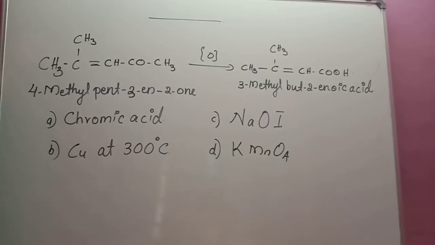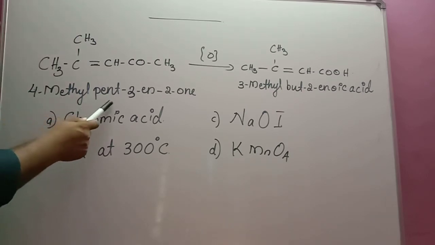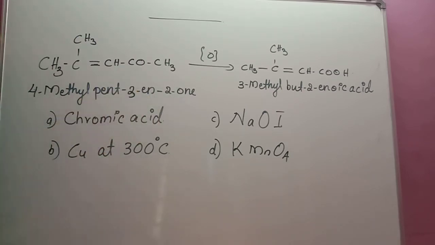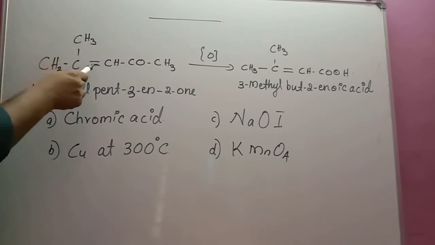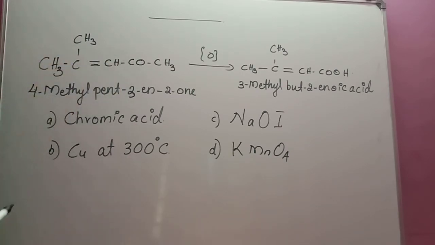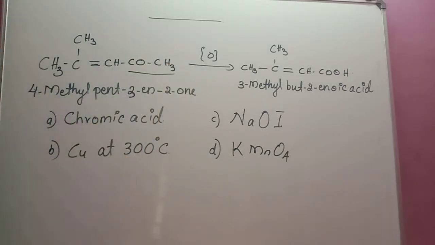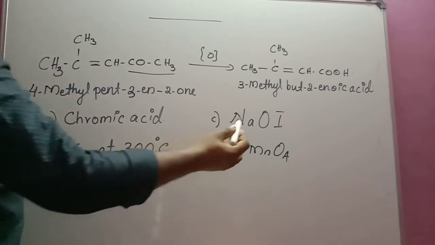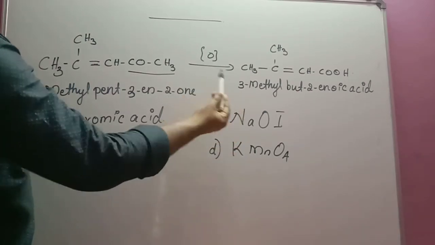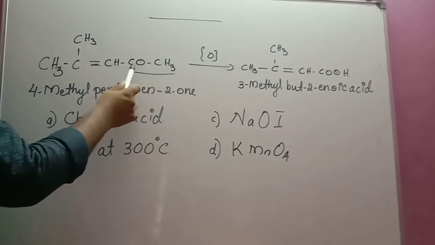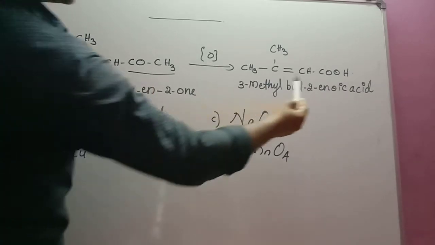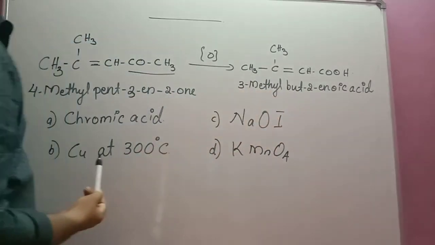This is a previous year question. Here you have 4-methyl pent-3-en-2-one. So there is a branched carbon, you have a double bond here and you have a carbonyl group here. But you have this CH3CO group right here, so you can do iodoform test. But the specialty of the question is, after the oxidation, you have to see 1, 2, 3, 4, 5 carbons are there, but the product has only 4 carbons.